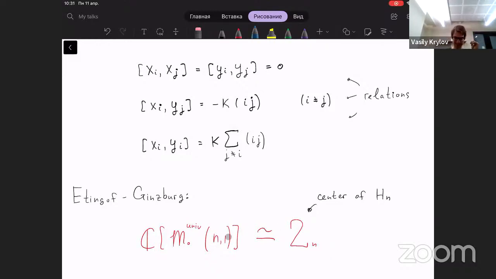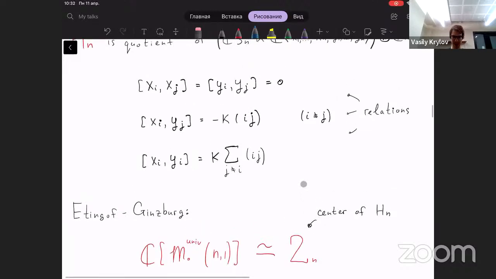Actually, it is in the same way as in representation theory of Lie algebras, where you know that the symmetric algebra of g can be deformed to the universal enveloping algebra, which is already non-commutative. In this picture, there are also quantizations of these functions on M0, universal N1, which are non-commutative. And on this side, you will get the rational Cherednik algebra, which has an additional parameter, like h bar or t.